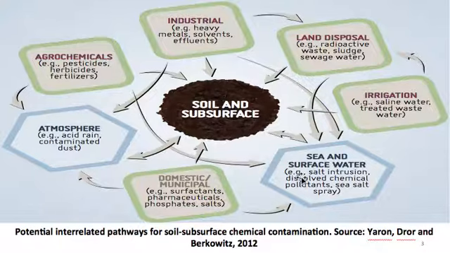Sea and surface water, including salt intrusions, dissolved chemical pollutants, sea salt sprays, all of these factors ultimately reach the sea and surface water, creating sea salt spray and various dissolved chemical pollutants directly in our rivers or oceans. So the domestic municipal, including surfactant, pharmaceuticals and the phosphate salts, are also directly affecting our quality of the soil.